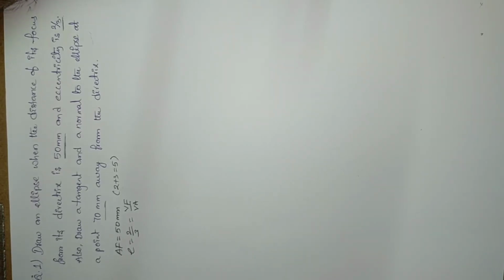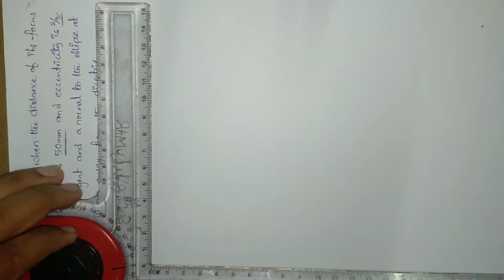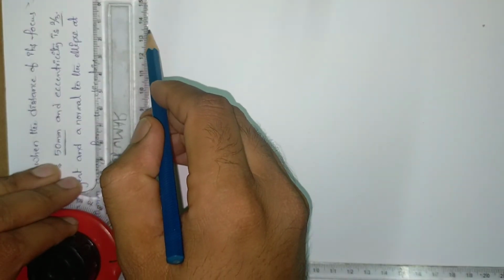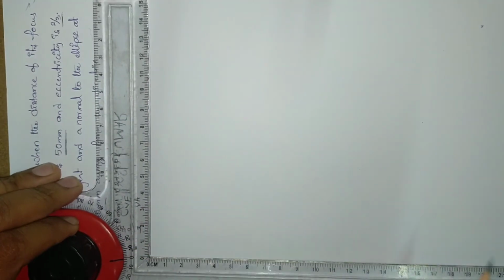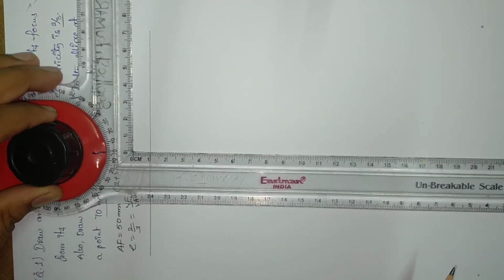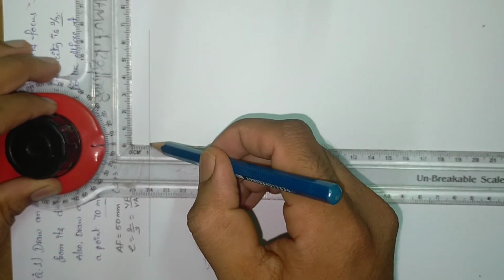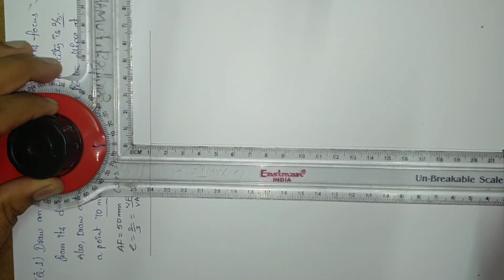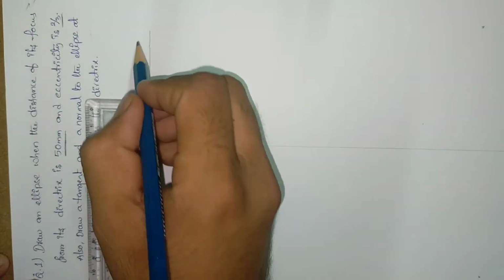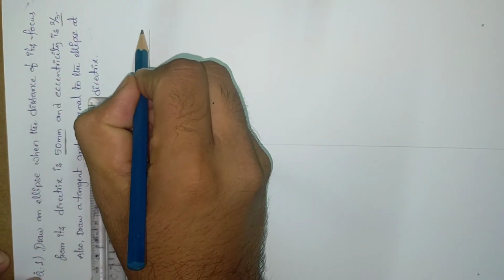Now I am going to explain how to construct the ellipse. Draw a vertical line and draw a perpendicular. Name it D dash, the directrix.